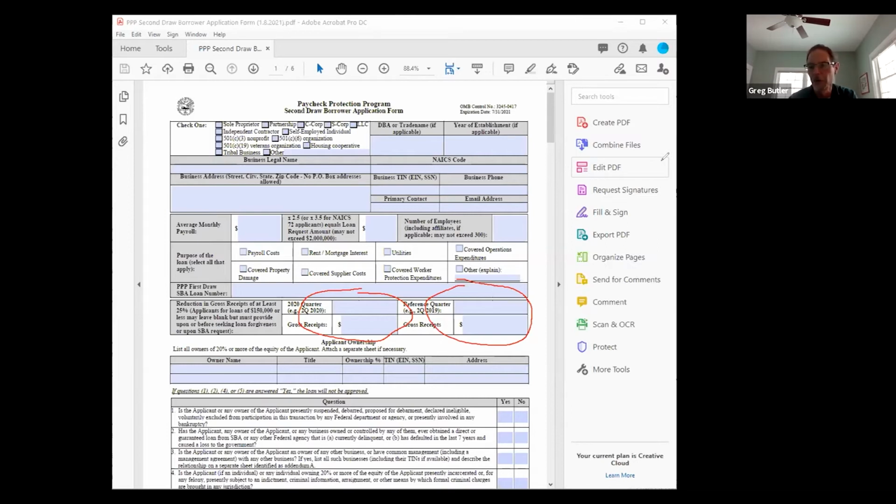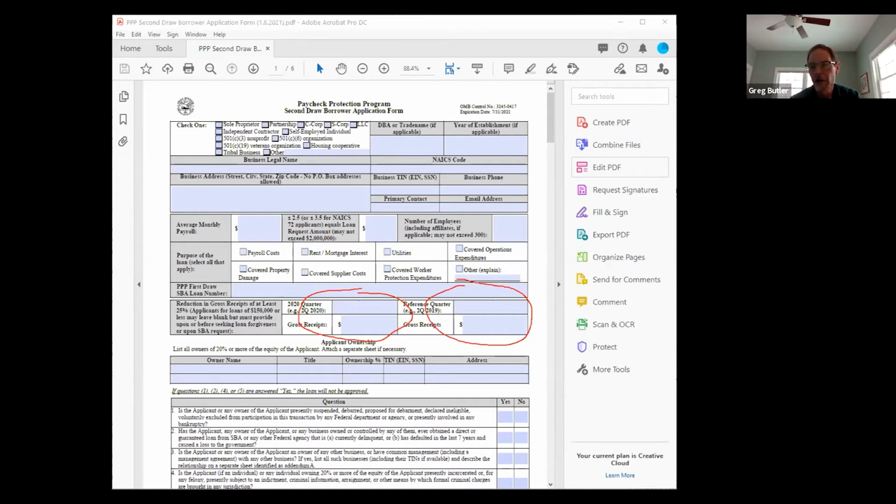There's still some rules. They have some rules around not being able to accelerate rent payments or not being able to accelerate retirement payments. You have to kind of look at your standard business practice. But again, when you look at it, you're going to be borrowing 2.5 times to 3.5 times your average monthly payroll. You get up to 24 weeks to spend it, and you have all these new categories.